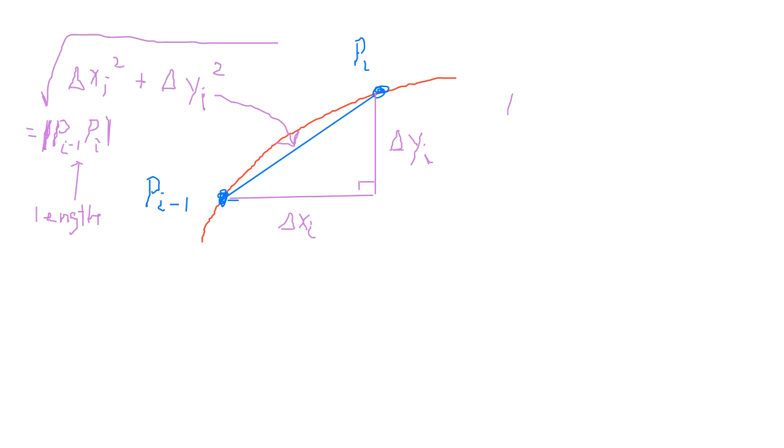You move from the i minus first point to the ith point over a time period of delta t.